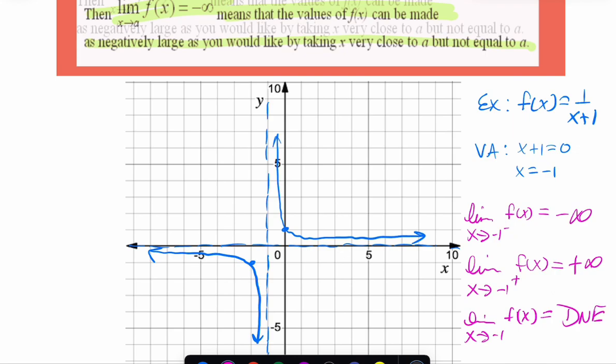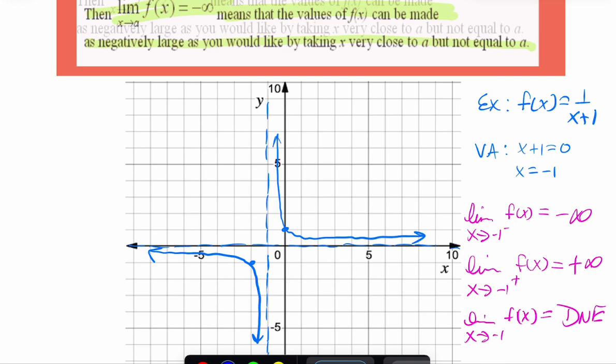So when does that happen? If you had 1 over x squared, it goes like that. They both go in the same direction. That would be an answer where they match. If it's a traditional 1 over x plus something, if there's an odd number of them instead of an even number of them, it's going to go in opposite directions.